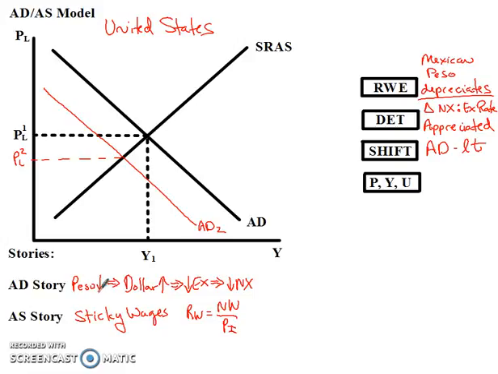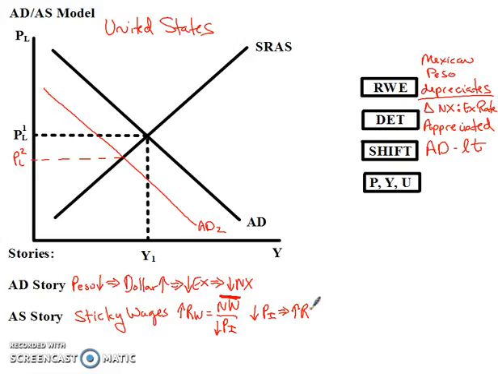Because the peso fell in world markets, the dollar became more expensive, therefore American exports went down, therefore American net exports went down. Mexican citizens buy fewer American goods, so prices in America are going to get bid down. If prices get bid down and nominal wages are sticky and do not change, then real wages are going to rise. If you get a decrease in the price level, that's going to cause real wages to go up.